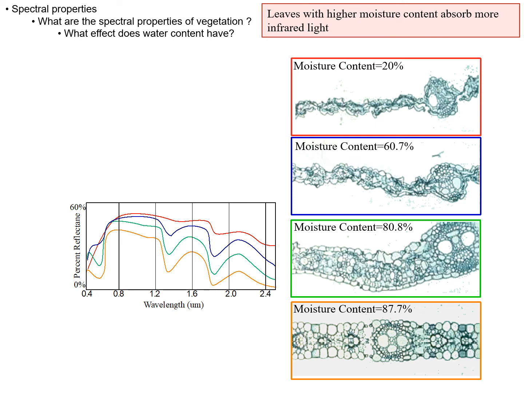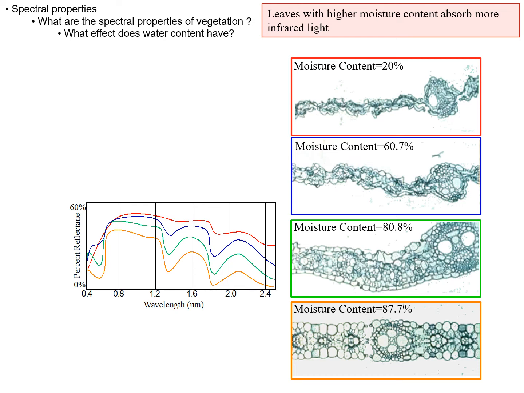These 3 features are sensitive to either water in the atmosphere or water within the leaf. So the lines in this diagram and the box colors on the right are key to each other as you go from low moisture content, so a very dry leaf, to high moisture content, very wet leaf.